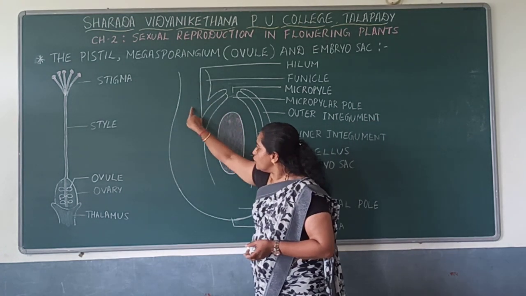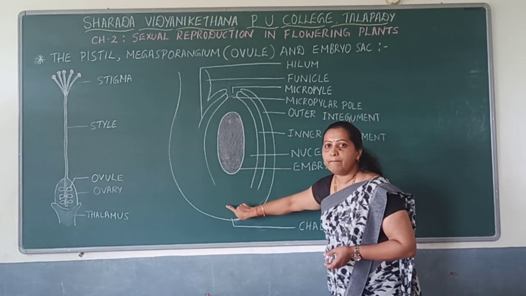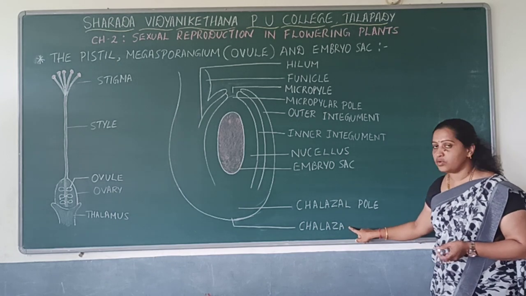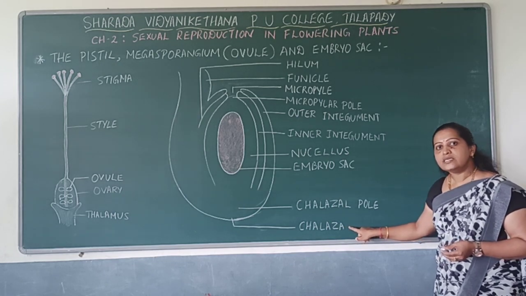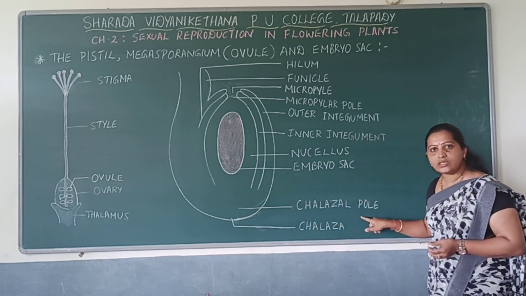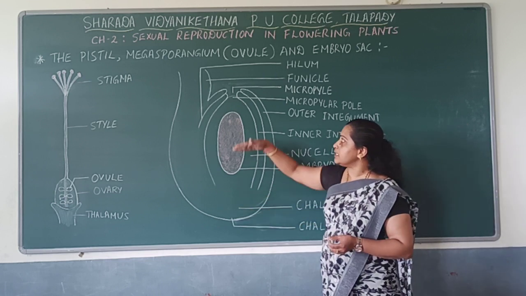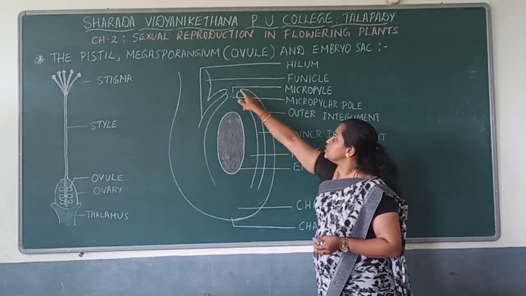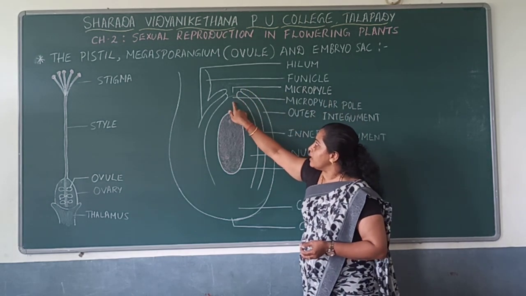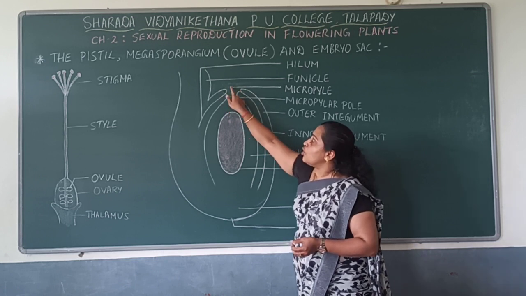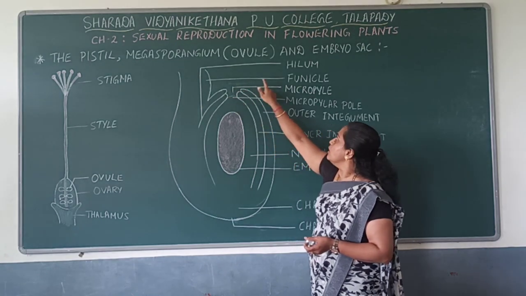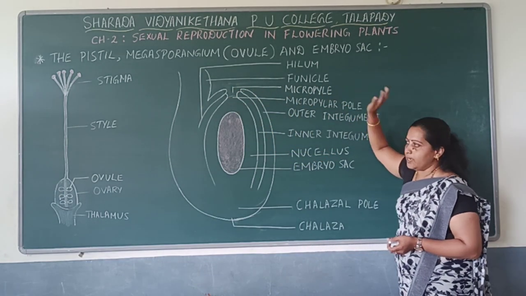This is the stalk of the ovule. This is the base of the ovule, which is called chalaza. The opposite end is the micropylar end, where the integuments do not cover the ovule and a small pore is left behind, known as micropyle.